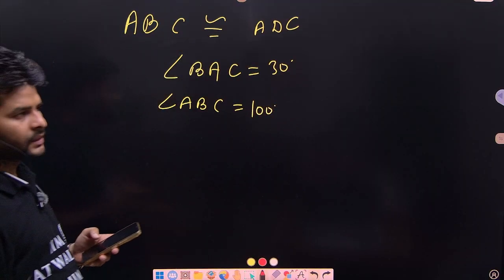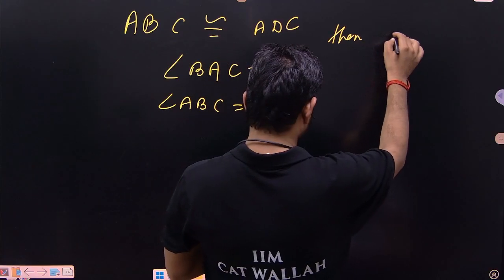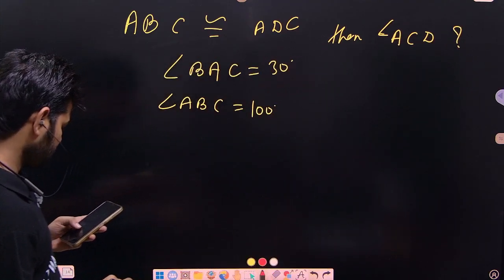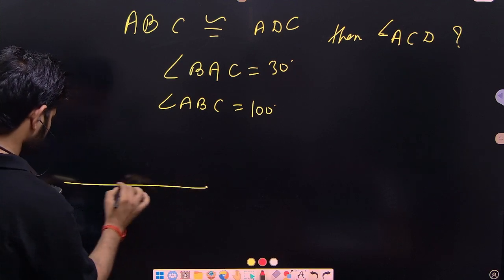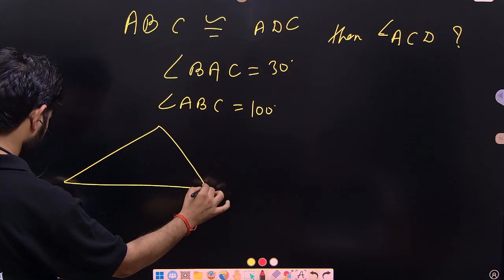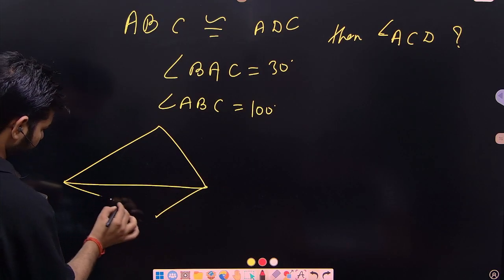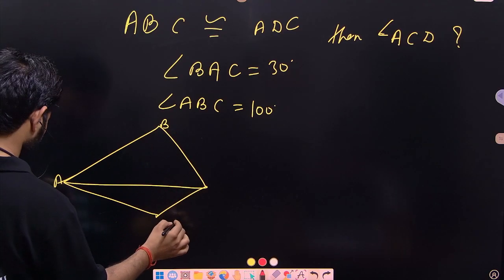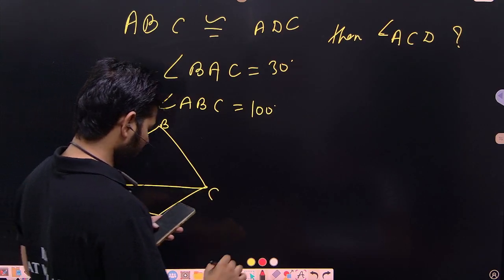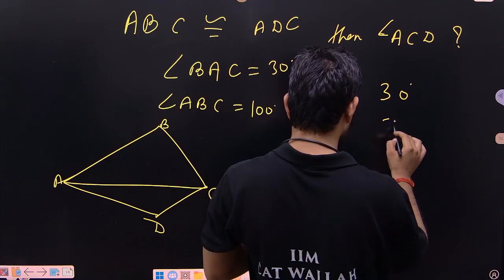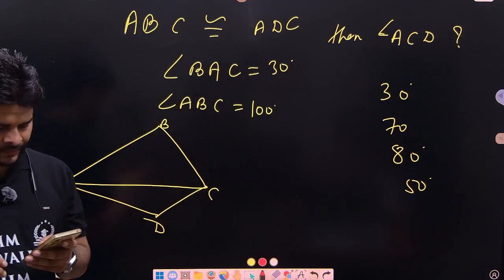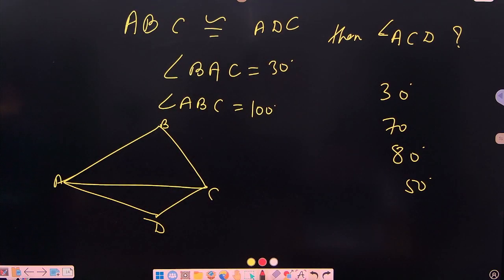Then what would be angle ACD? This is your figure. Your options are 30, 70, 80, 50. Very nice. What would be the answer? 50. Amazing.